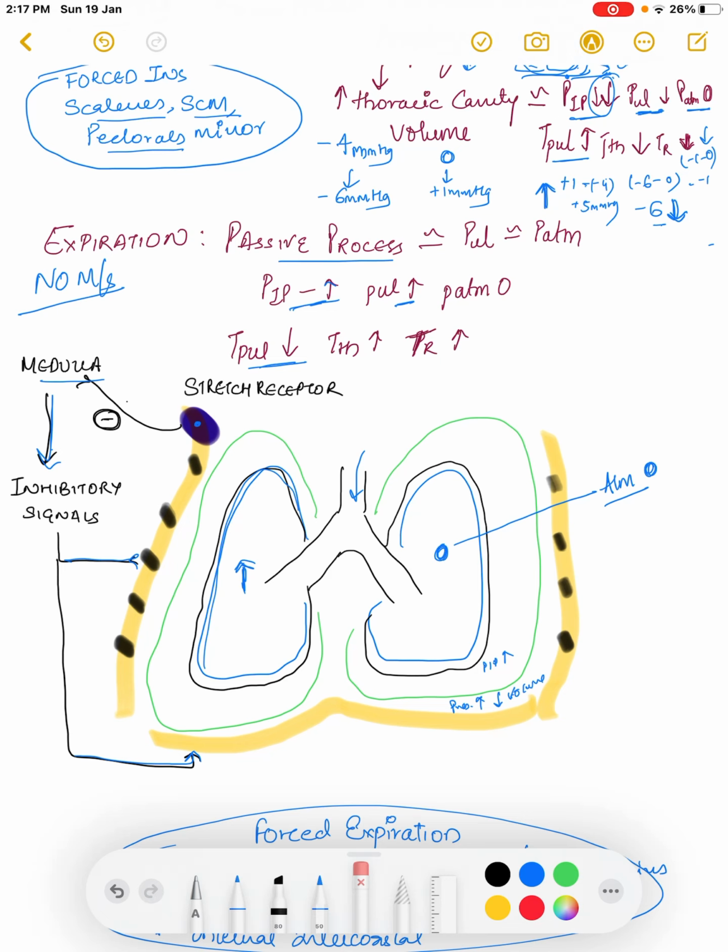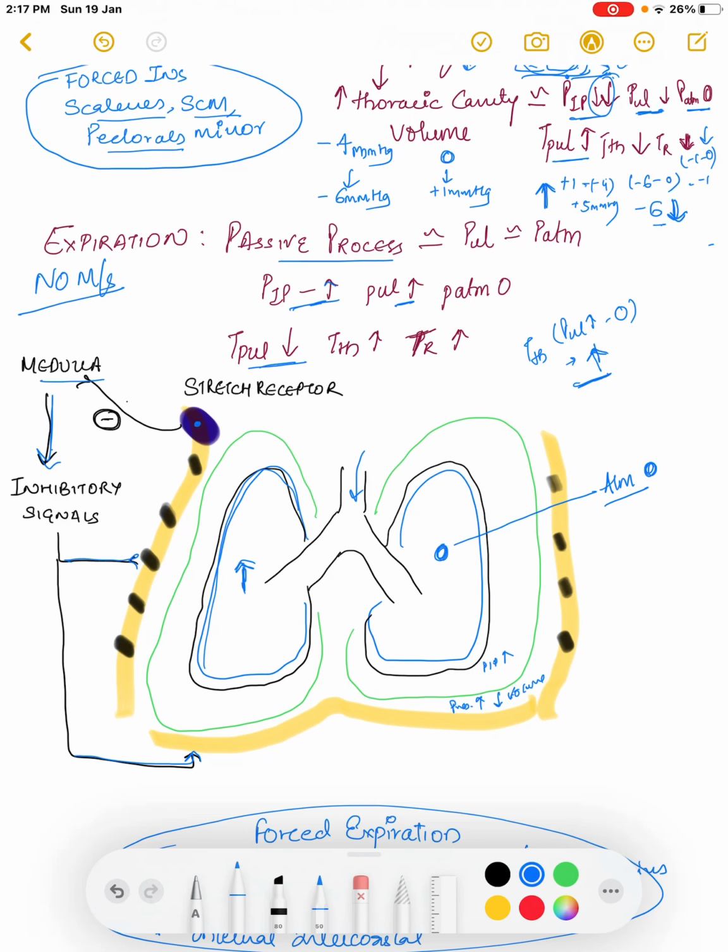In the same way the transthoracic pressure increases. Why? Because the transthoracic pressure is pulmonary pressure minus atmospheric pressure. The pulmonary pressure increases, minus atmospheric pressure, so it increases. The deflating pressure increases.